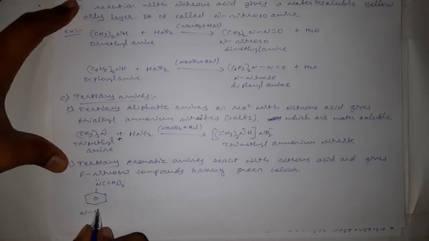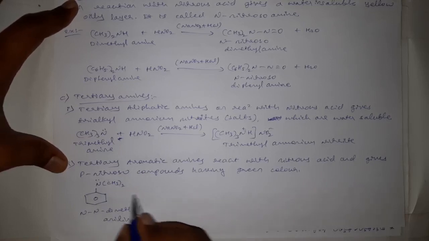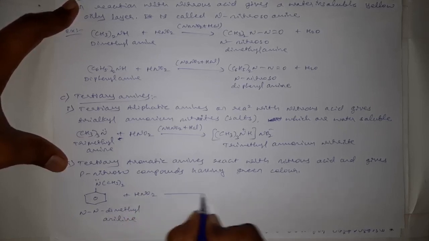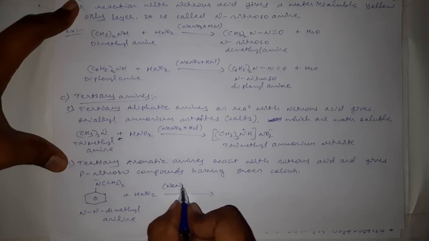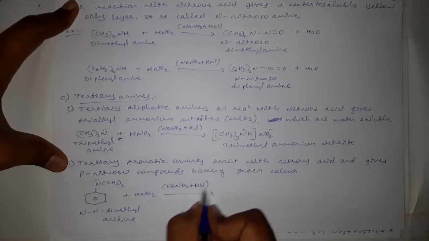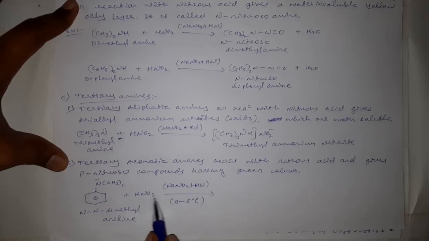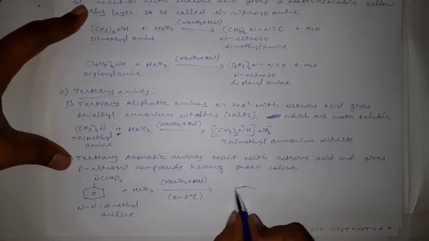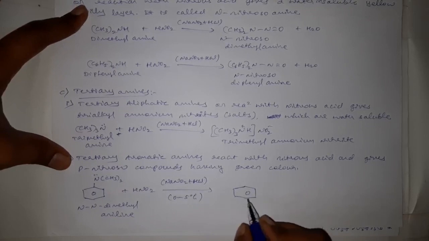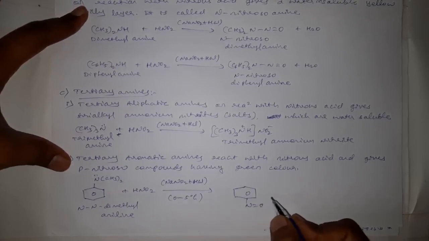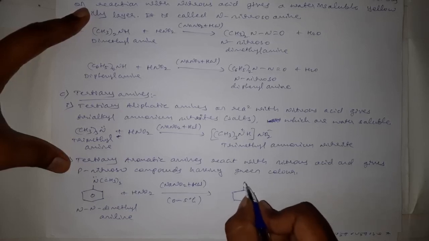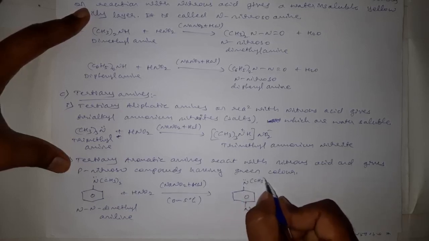Its name is N,N-dimethylaniline, and when it is treated with a mixture of sodium nitrite and HCl in cool condition, it will react with the nitrous acid and it will form NO and N(CH3)2 on the ring.